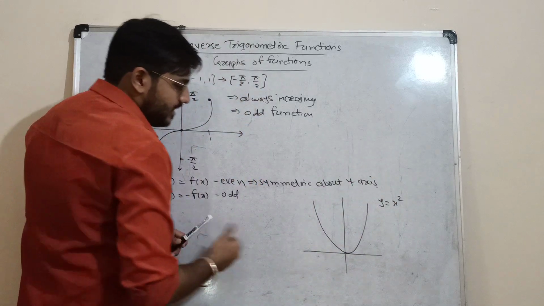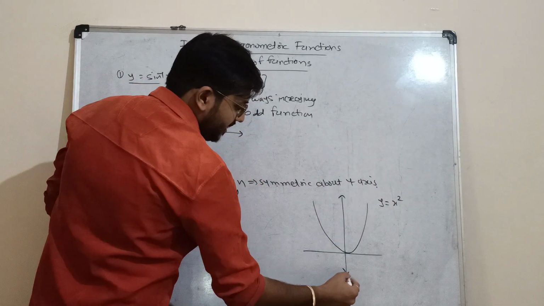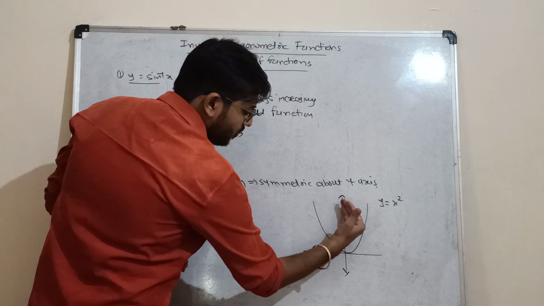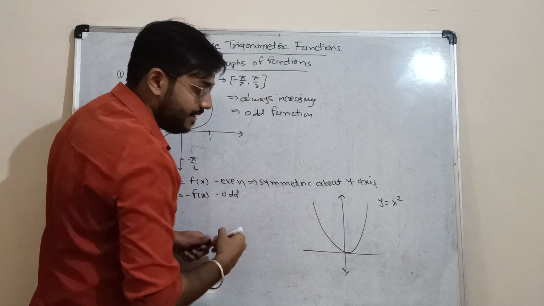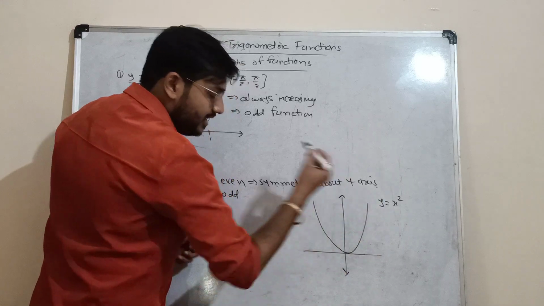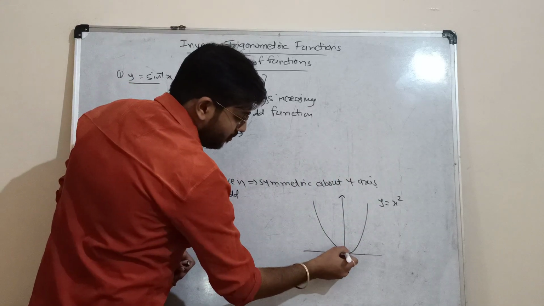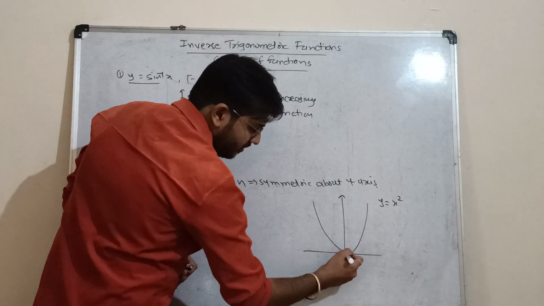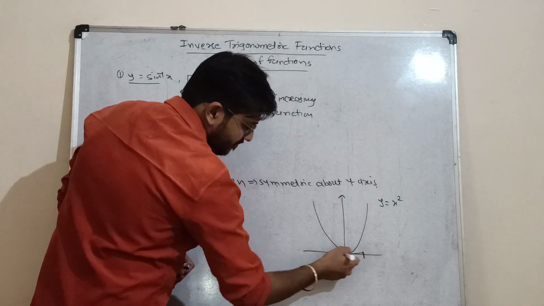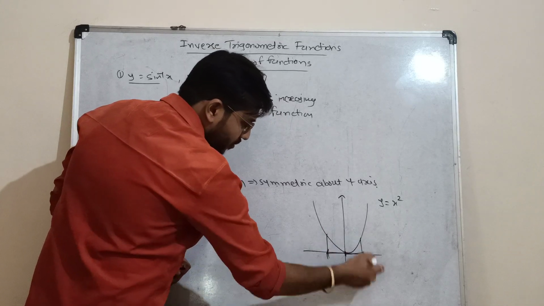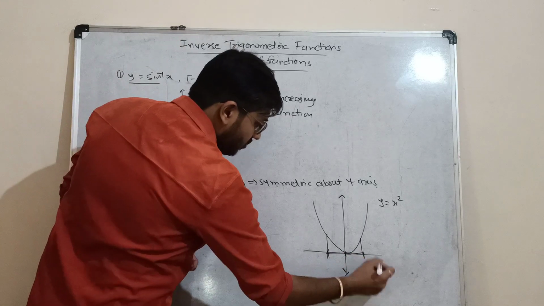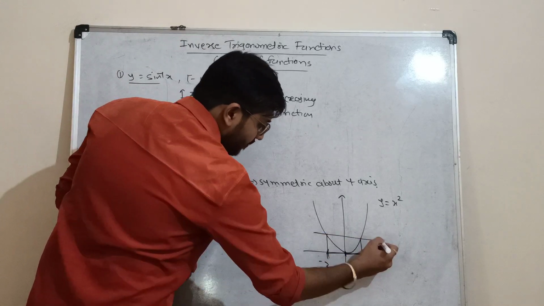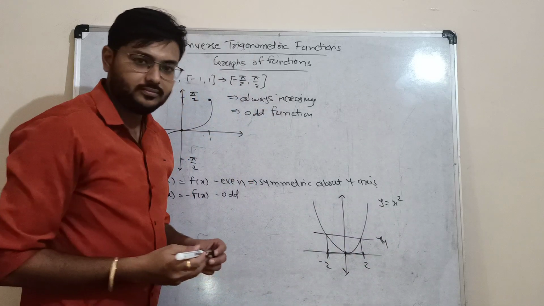If you consider the y-axis as a mirror, whatever graph we obtain on the right side, the same graph we have on the left side, right? So we consider this an even function, because if you take any point on the right side and any point on the left side, at both those points the answer of the function remains the same, right? That means if you put 2 or minus 2, both will give you the answer 4, right?